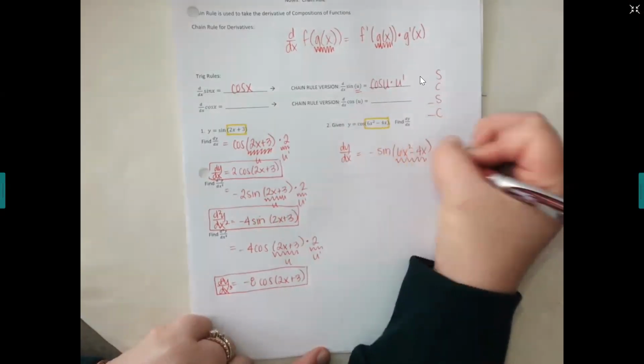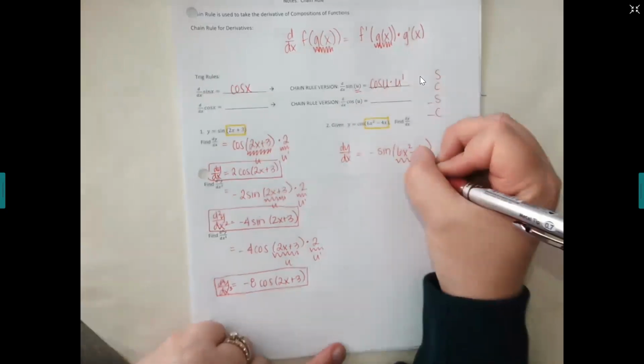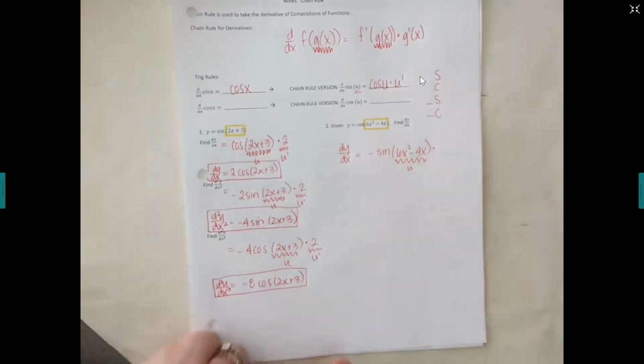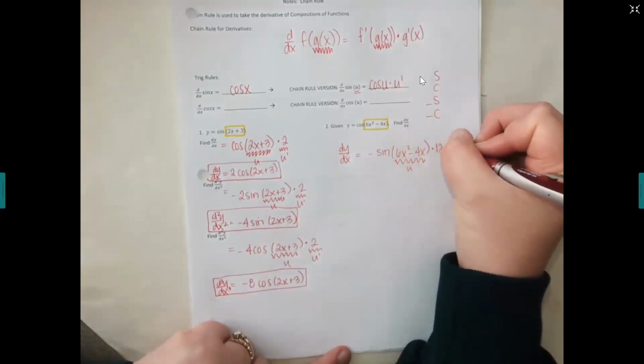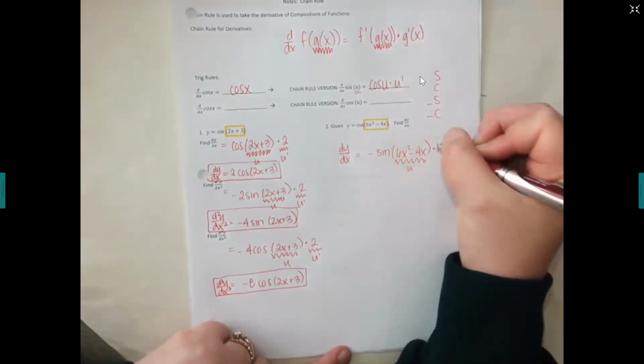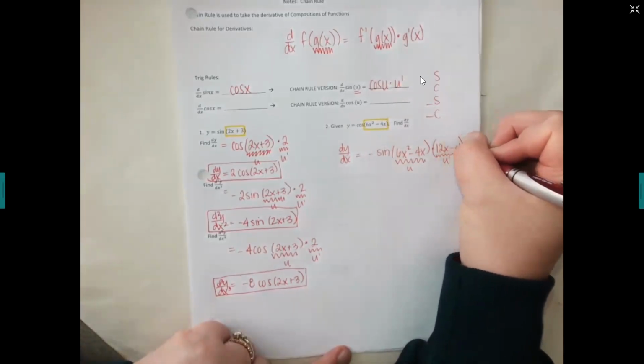So your u, that's what we're calling that middle function, stays exactly the same and you multiply its derivative behind it. So think for a minute about the derivative of 6x squared minus 4x. 2 times 6 is a 12x, and then minus 4. That would be your u prime.